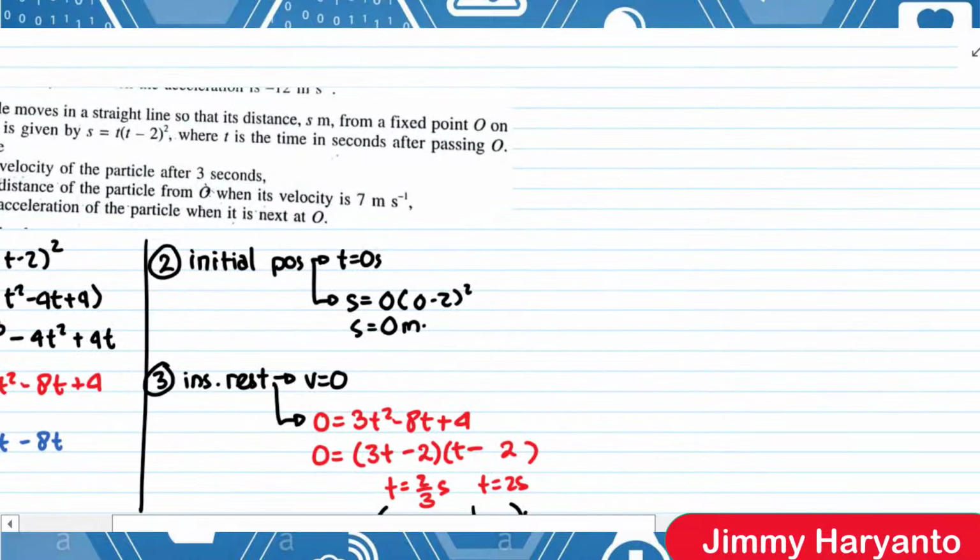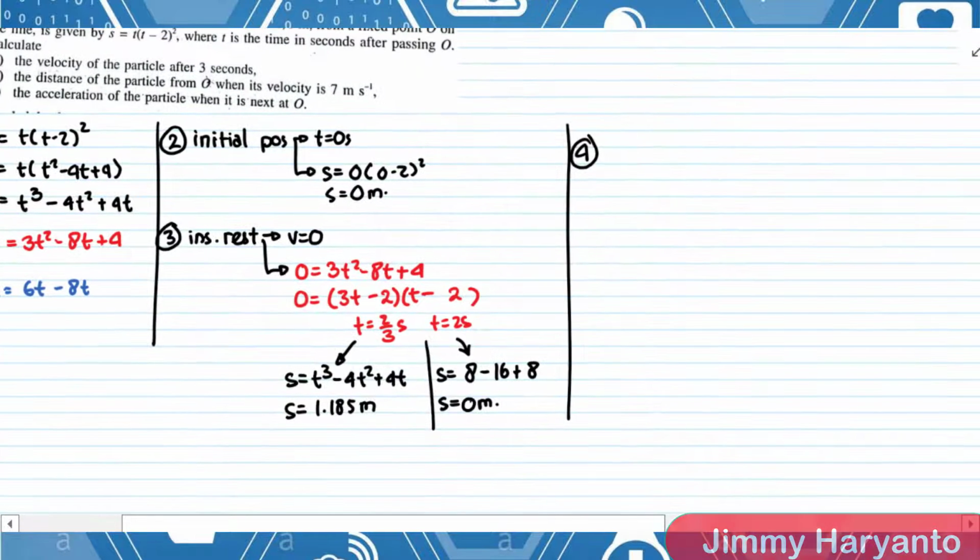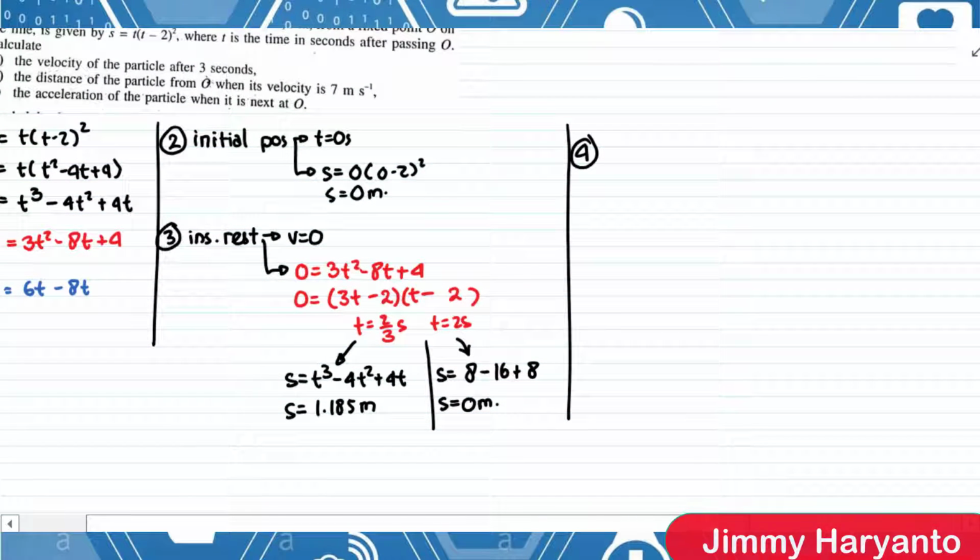Okay, so now it's time for us to sketch a little bit. For sketching the motion, you have to start from 0 because the initial position is 0 meters.